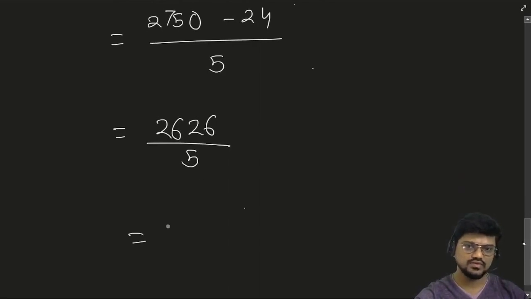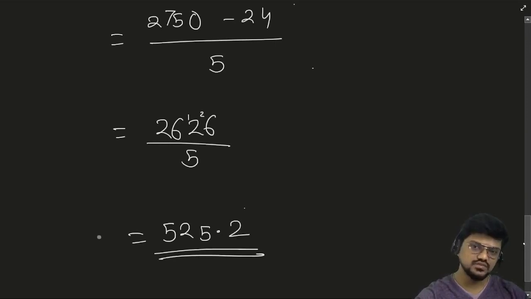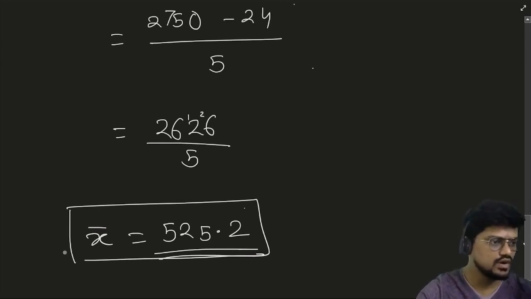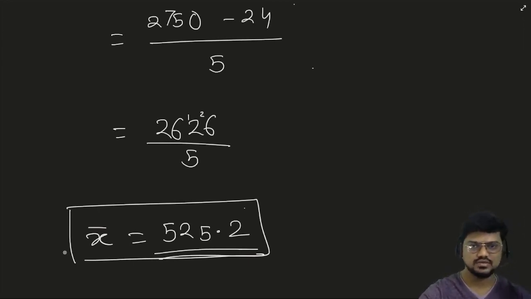If you divide it, 5 5s are 25, and so on. So this is what your mean is.